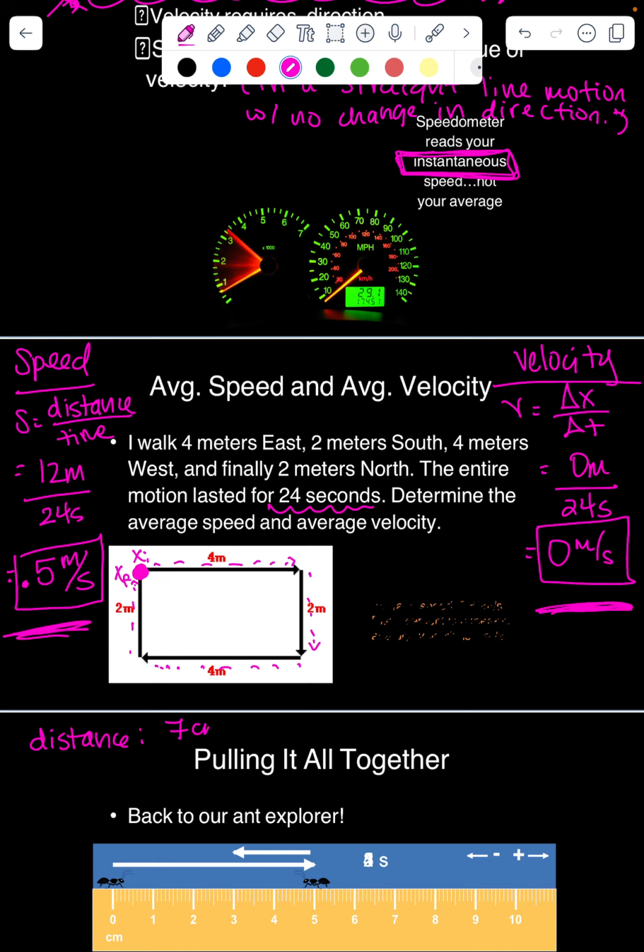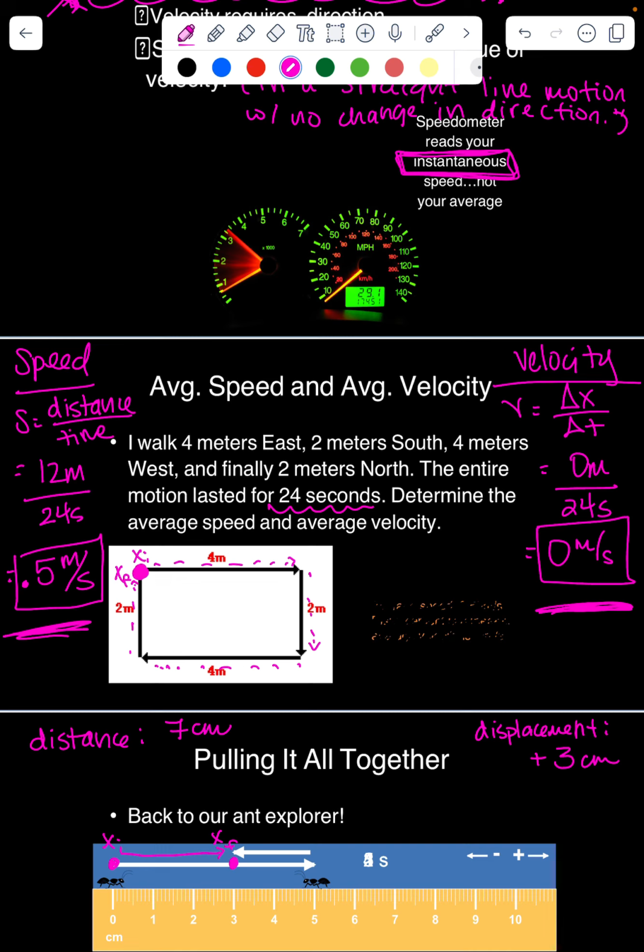So his distance was 7 centimeters, but his displacement only took into account his initial position and his final position. So we said that his displacement was only plus 3 centimeters.